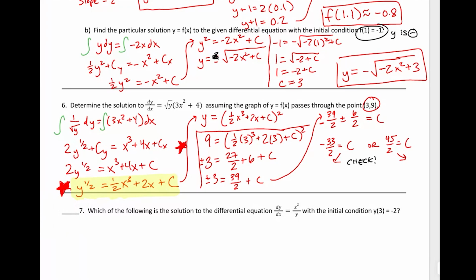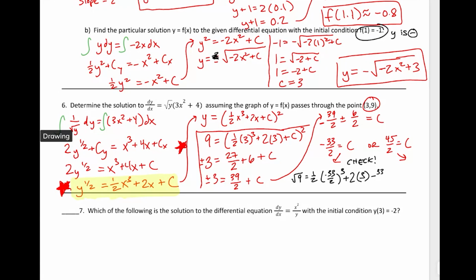So for the left-hand one, we've got the square root of y, which is 9, equals 1/2 times negative 33 over 2 cubed. Oh, I'm going to have to do that by hand. That is not going to be very nice, but let's see.